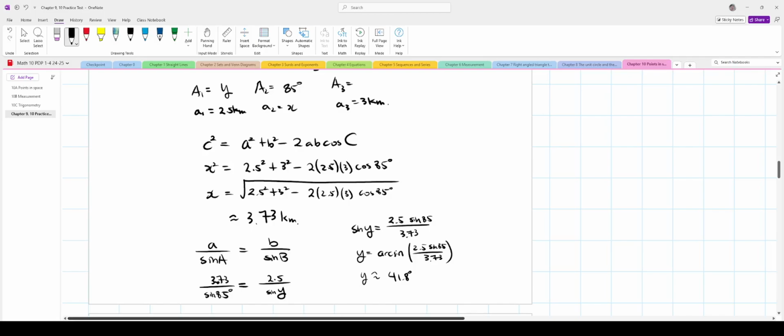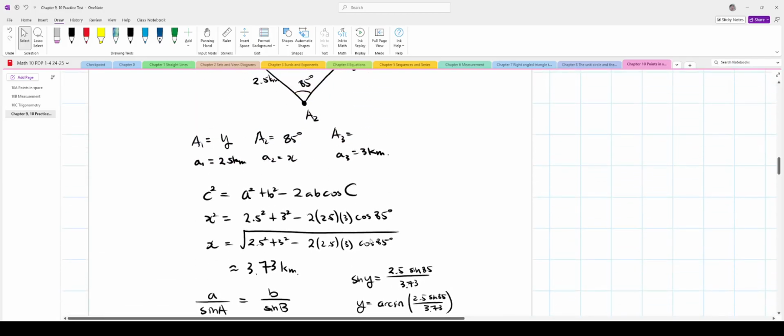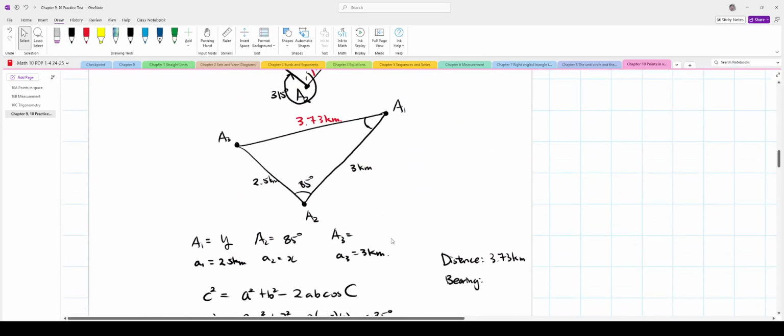So I'm going to add the 41.8 degrees to the 220 degrees, which is approximately 262 degrees in 3 sig figs. So my final answer is distance is 3.73 kilometers and the bearing is 262 degrees.